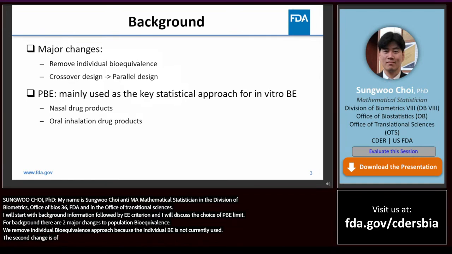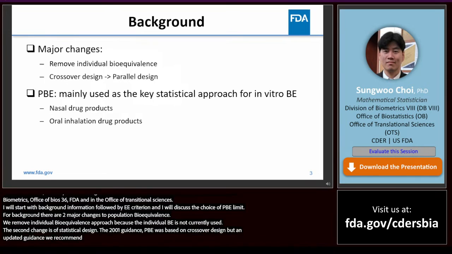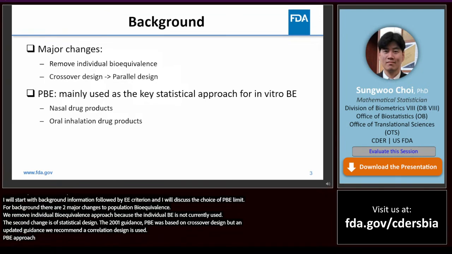In the 2001 guidance, the population bioequivalence method was based on a replicated crossover design, but in the updated guidance, we recommend that a parallel design is used. Practically, the population bioequivalence approach is mainly used for in vitro bioequivalence studies, for example, nasal drug products or oral inhalation drug products.